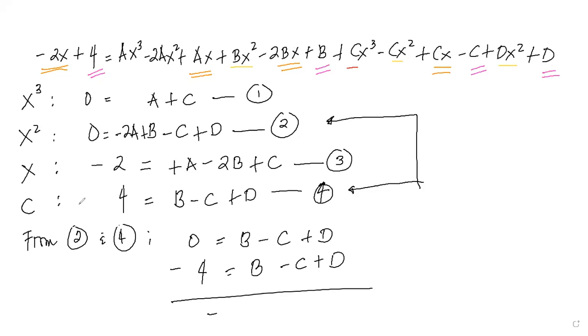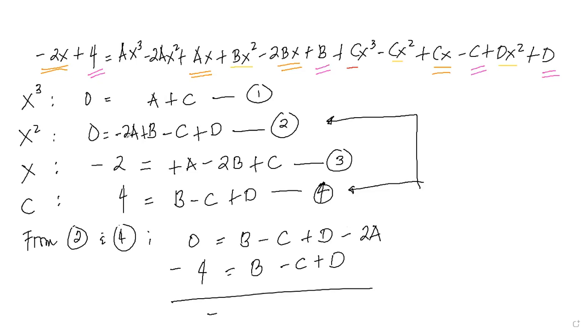Okay. For constants, we have 4. And we have here a B, a minus C, and a D. Okay, so I know where my mistake is. So it seems like this one has a minus 2A. Do you follow?